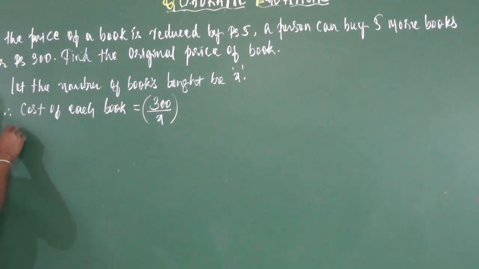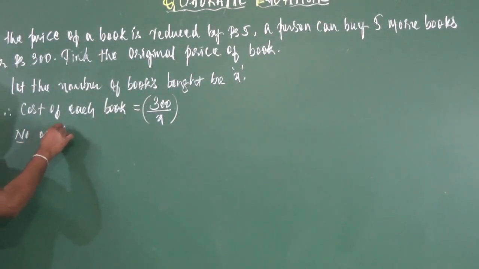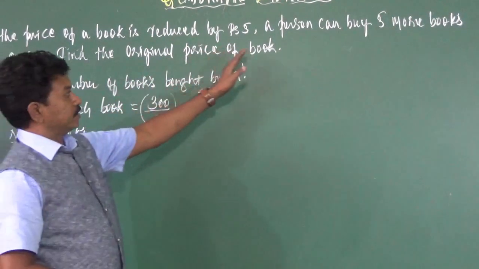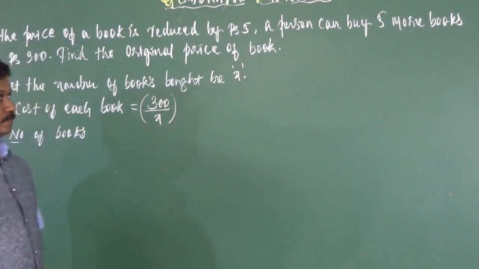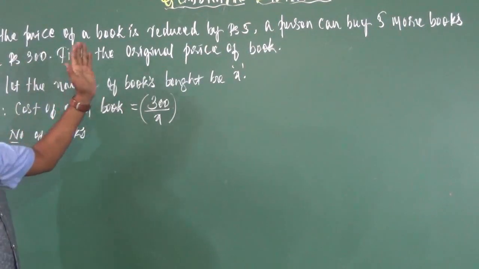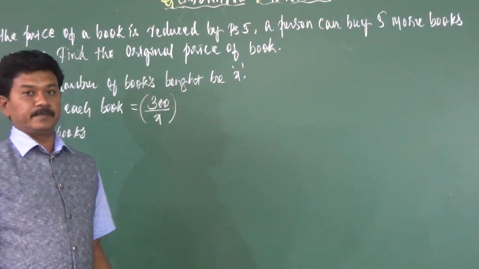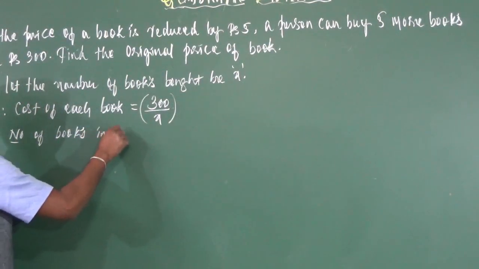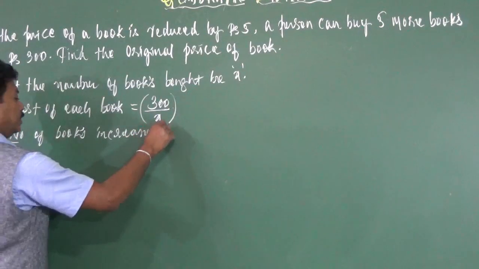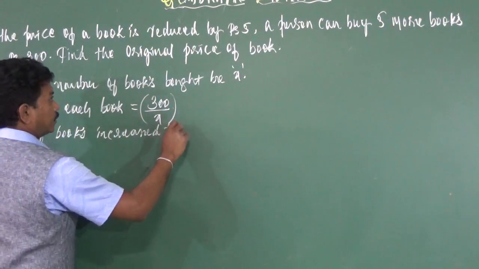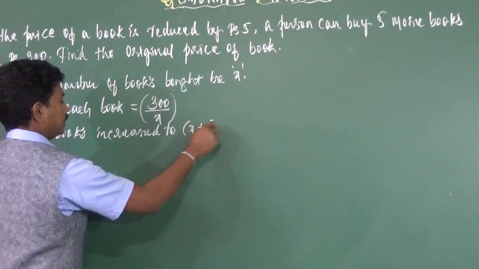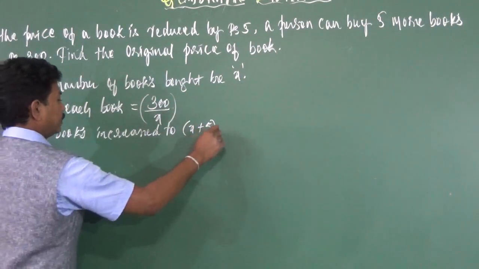So now, number of books. A person can buy 5 more books for rupees 300 if the price of the book is reduced by rupees 5. So the number of books increased by 5, that is 5 more books, increased to X plus 5.